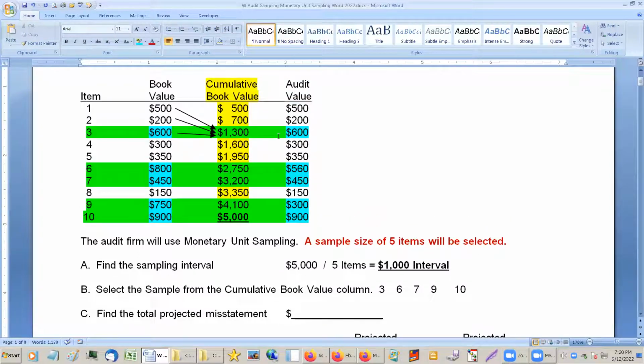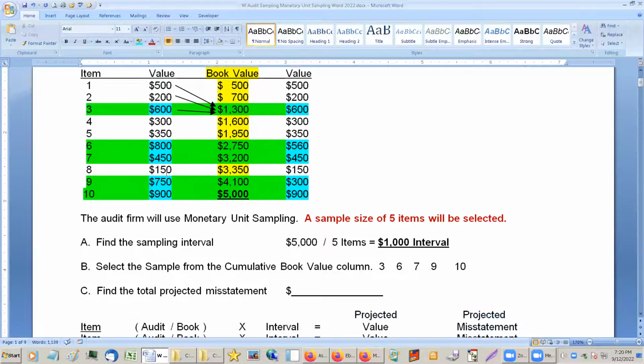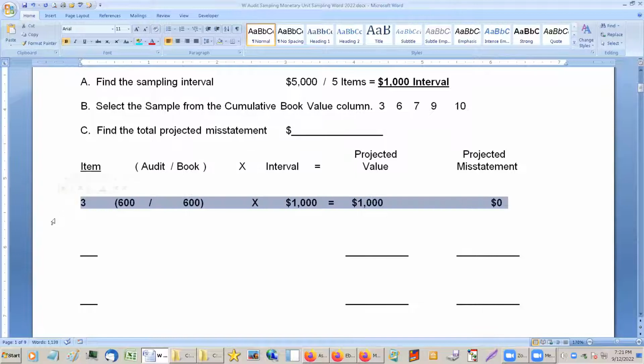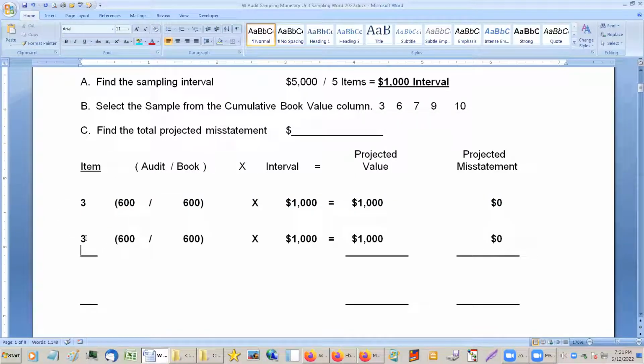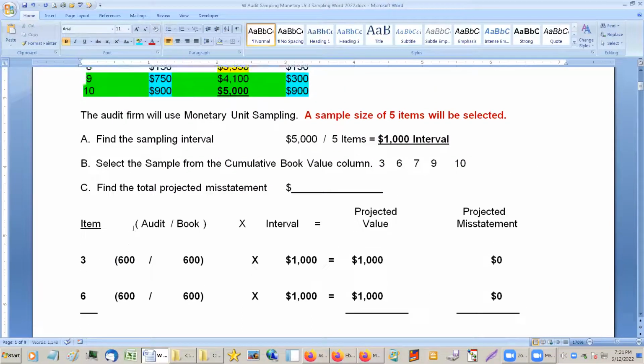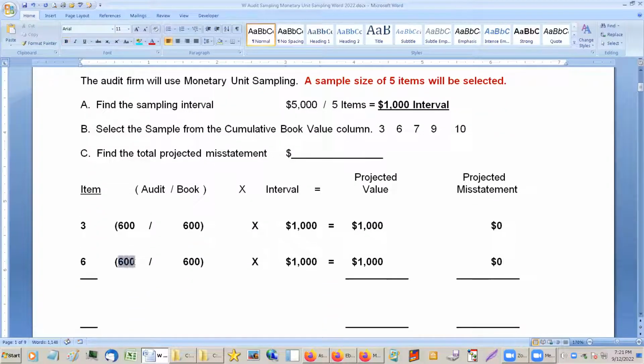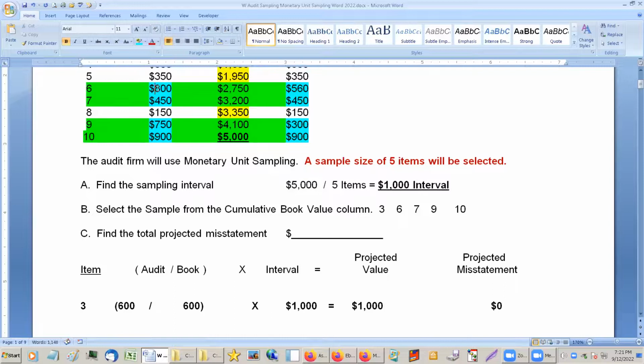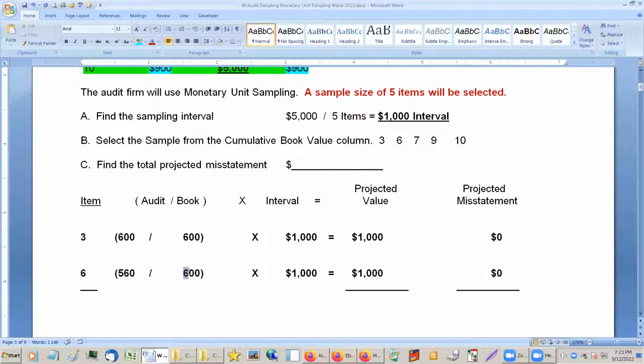Okay, let's go to the next one. Now, the next one's a little bit trickier because the audit value is less than the book value. So we're gonna have a little bit more to do with that one. I'm just gonna copy this because I don't want to reinvent the wheel the whole way down here. So this will be 6. Okay, so the audit value is 560, and the book value is 800.